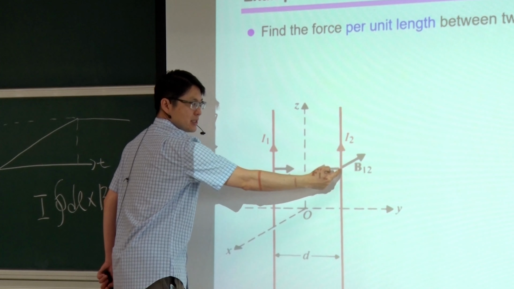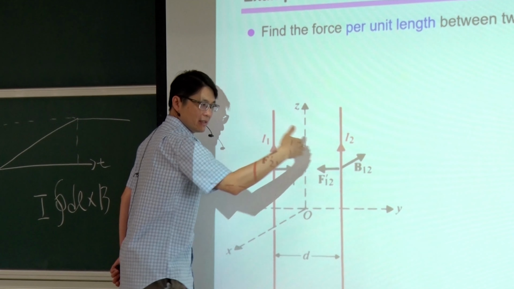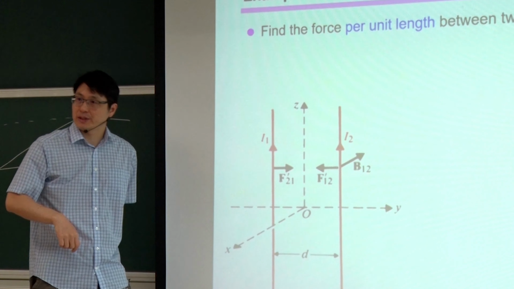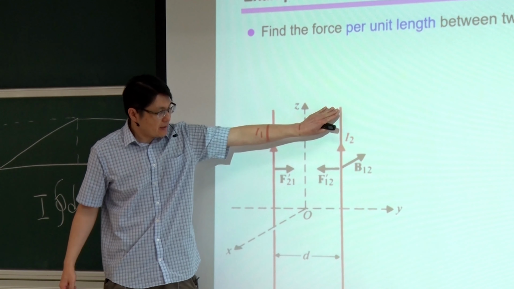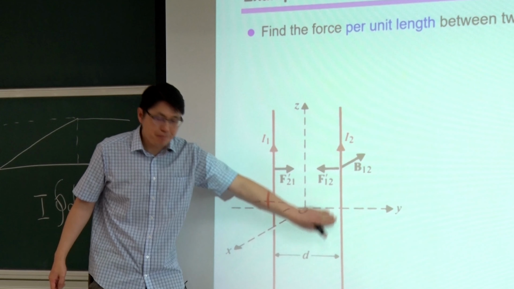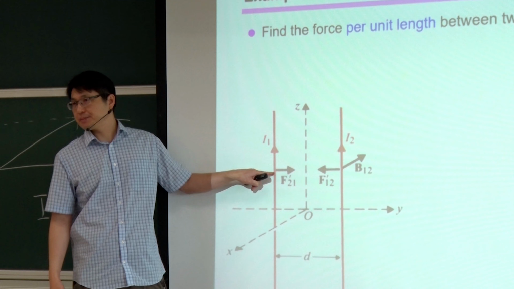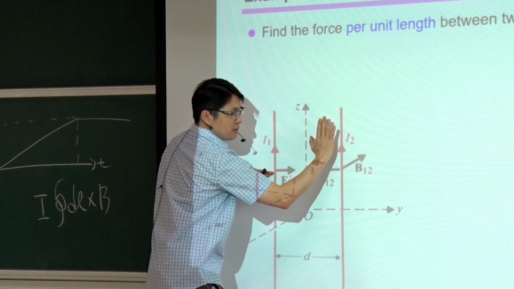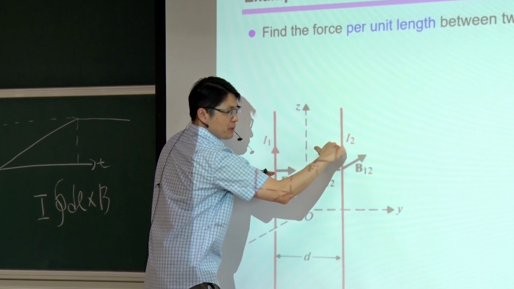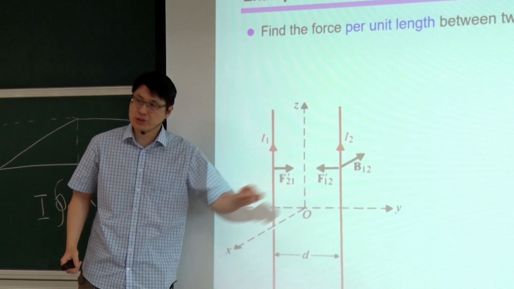So at this wire, B12 is pointing into the paper. So the force experienced by the second wire due to the field created by the first wire, with dl in the z direction, making a cross into the paper, is pointing to the left. So this is F12.